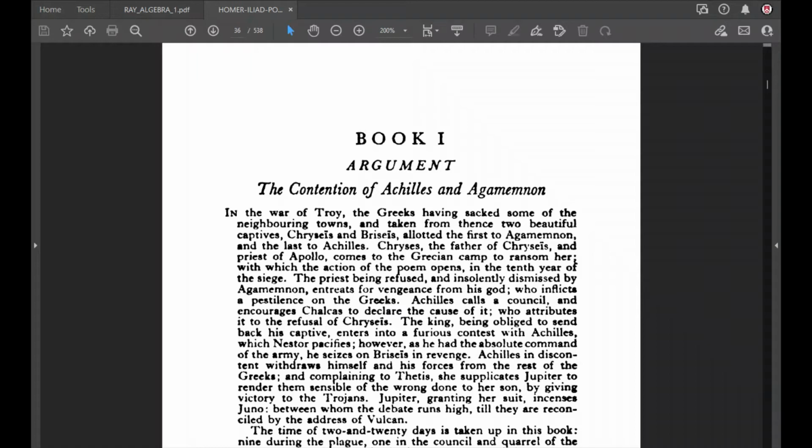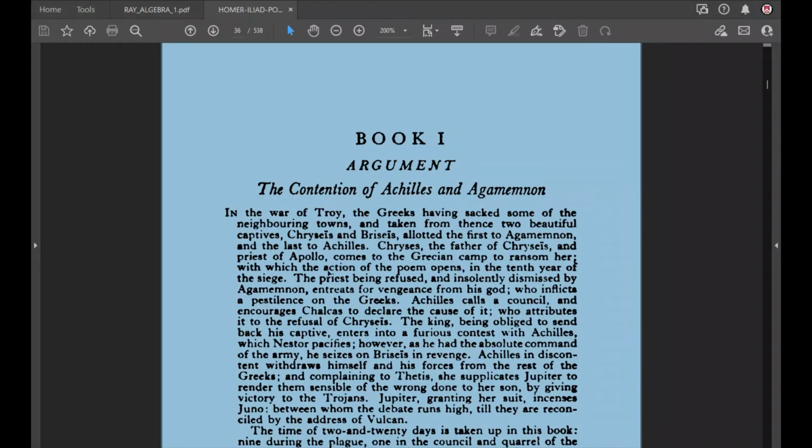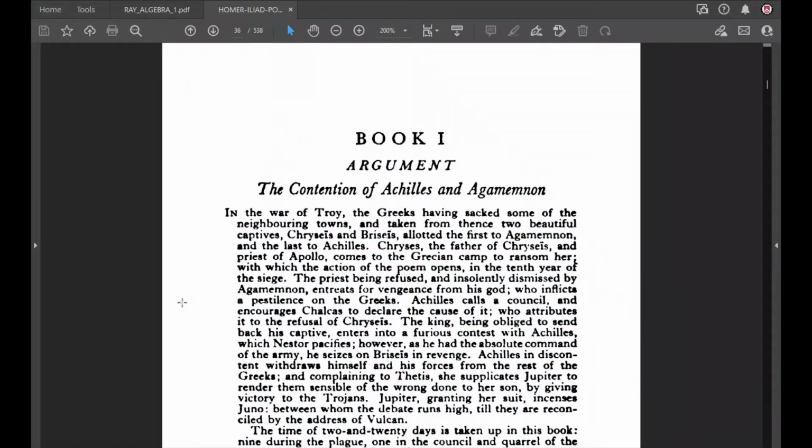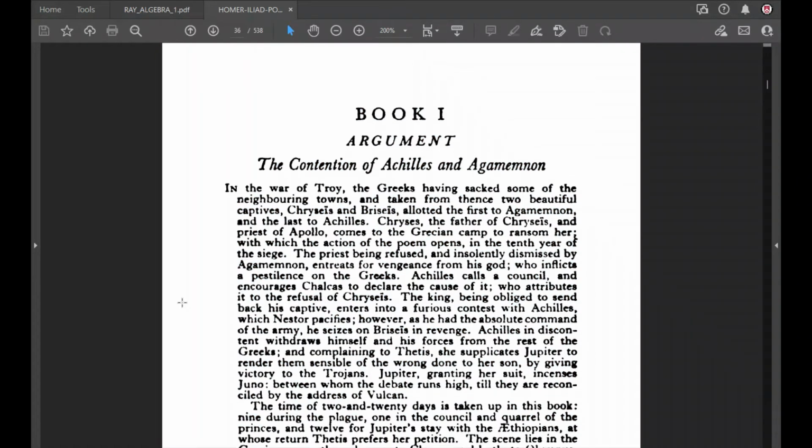So this is book 1 of Alexander Pope's translation of the Iliad. It was written in 750 BC about events that took place in 1200 BC. And you can see book 1, there are 24 books of this work by Homer.